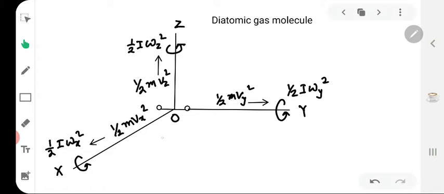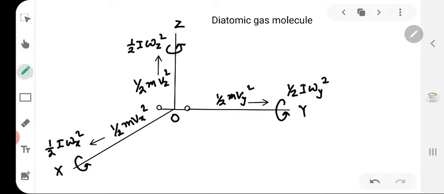Hence it will possess 3 degrees of freedom corresponding to its translational motion, corresponding to each mode of absorption of translational energy along OX, OY and OZ, and 2 degrees of freedom corresponding to its rotational motion, corresponding to each mode of absorption of rotational energy about OX and OZ axis.